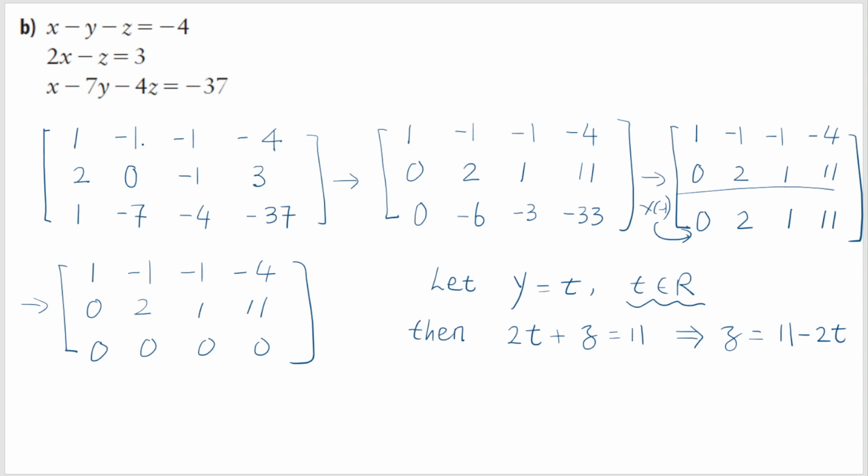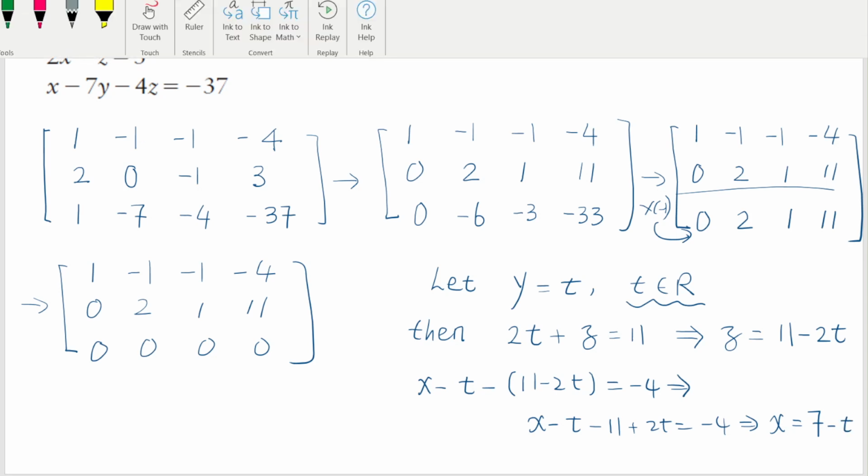Then if we put y and z into the first equation, we have x minus y, which is t, minus z, which is 11 minus 2t, equals -4. So x minus t minus 11 plus 2t equals -4, and we can solve: x is actually 7 minus t, right?